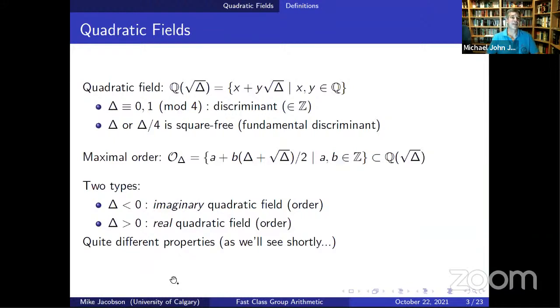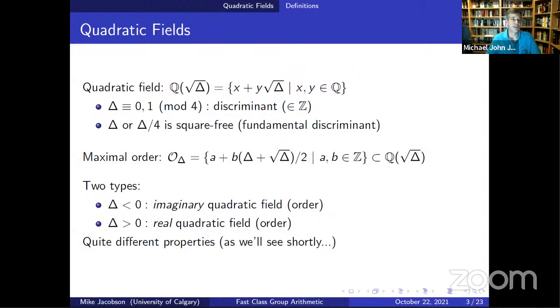So into the talk then. I'm going to start by setting the notation and reminding people of the basic objects we're interested in. Give a little bit of motivation, and then we'll dive in. I'm going to be focused on quadratic number fields. These are the simplest sort of non-trivial number fields, just degree 2 extensions of the rational numbers.